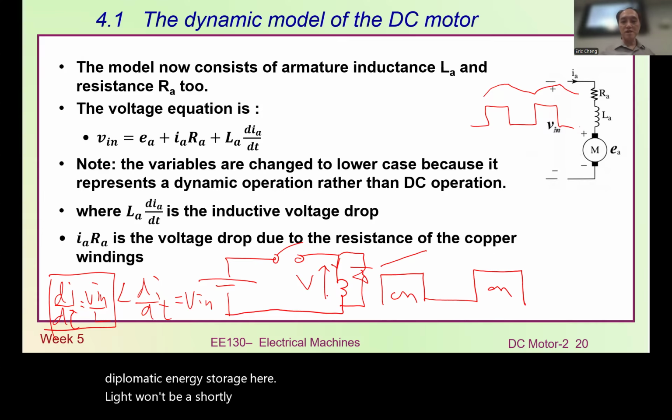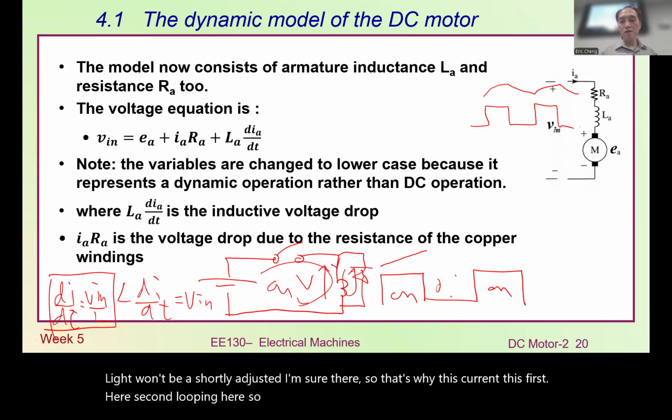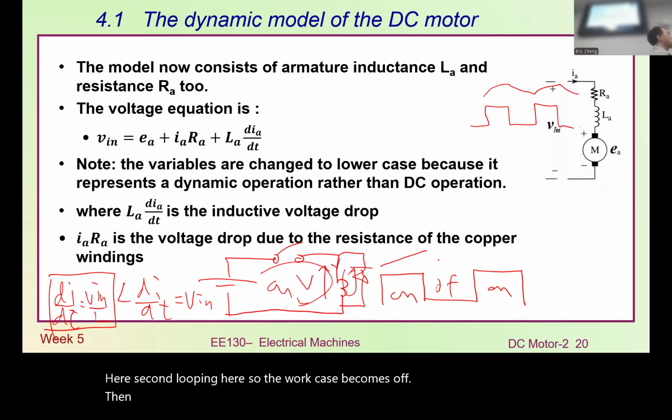So when the voltage becomes off, the voltage across the inductor becomes 0.